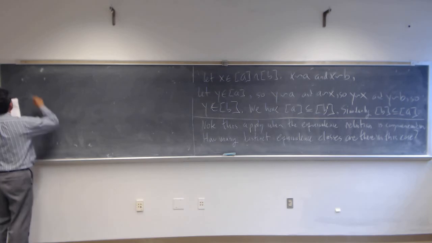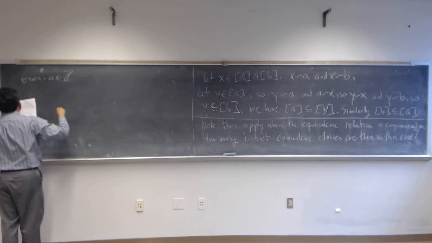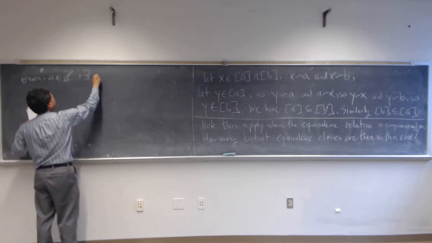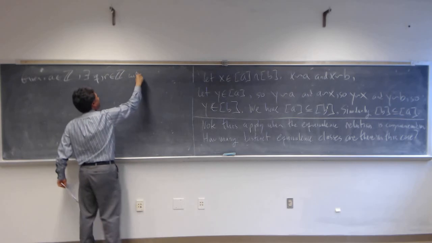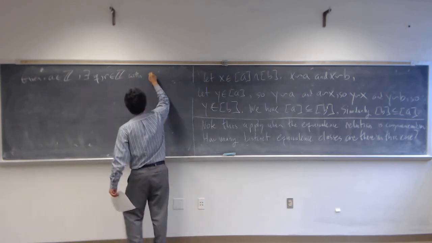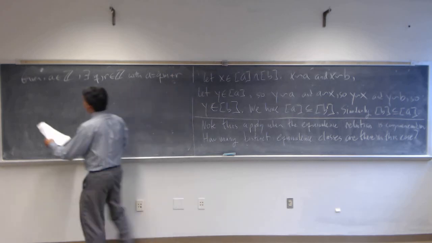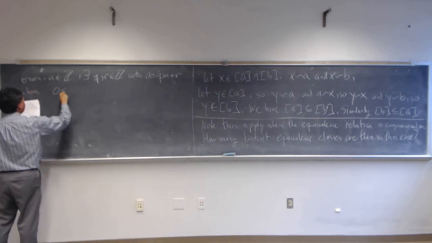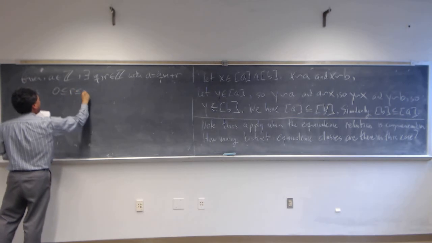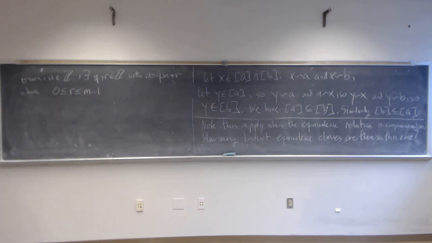What I claim is, given an integer a in Z, there exist two integers in Z by the division algorithm, if we divide by m, with a equals qm plus r, where r is strictly less than m. In other words, since r is an integer, r has to be less than or equal to m minus 1.